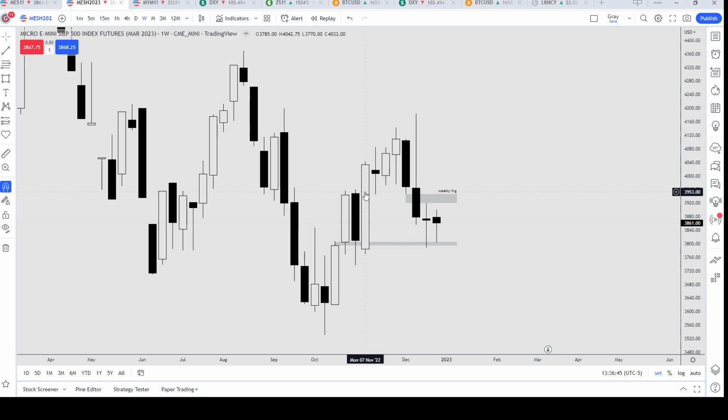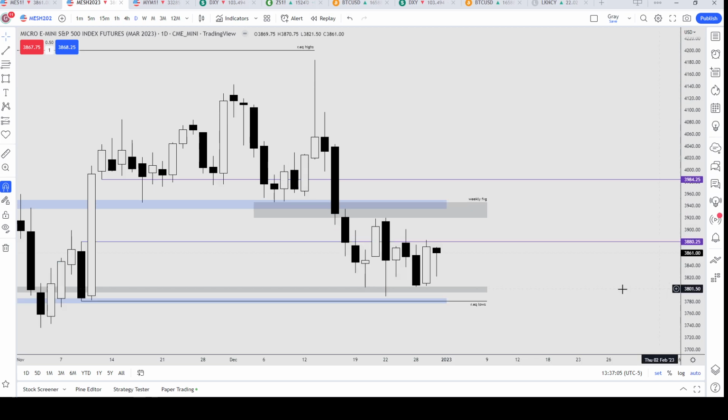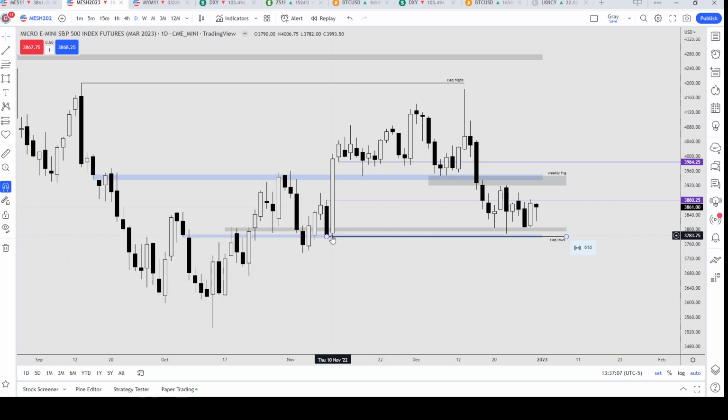Why? With confluence with this weekly gap, it's currently used as support. I want to see it trade below, because on the daily we do have relative equal lows right here.